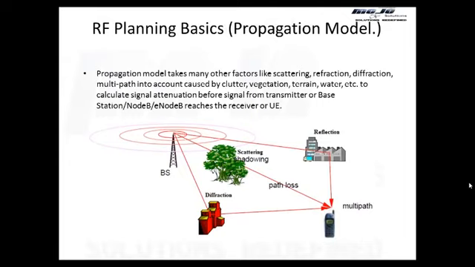So there is a portion of the power of the signal. It's not a complete signal. A portion of the signal will go inside the water as a result of refraction, and some of it will be reflected out. Because water is a different medium and air is a different medium, when it hits the water, some of it will be refracted inside the water and some of it will be reflected outside.